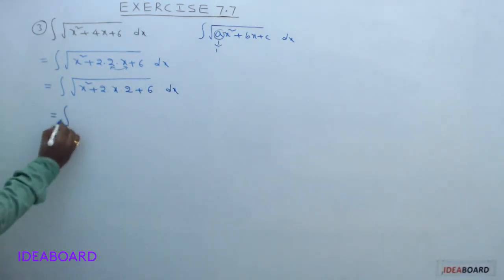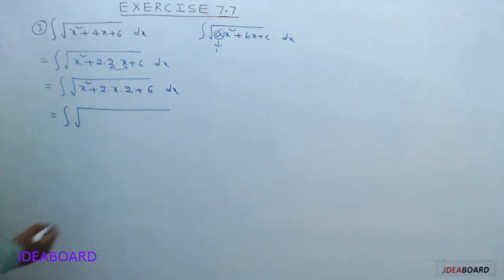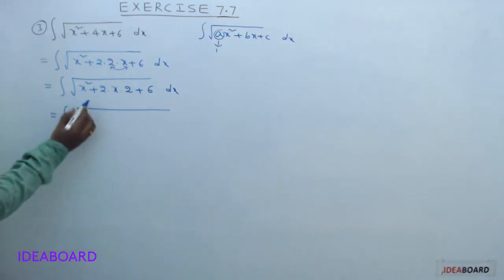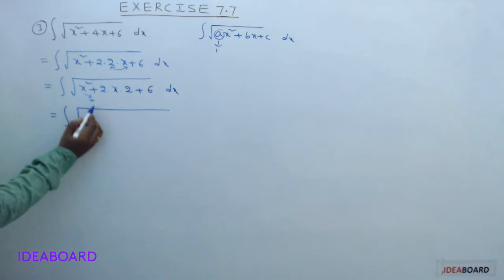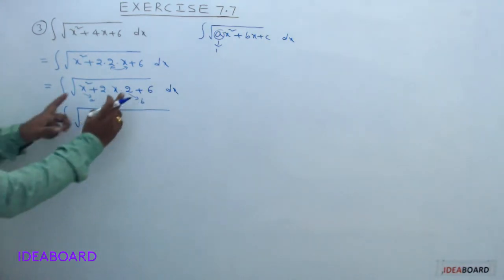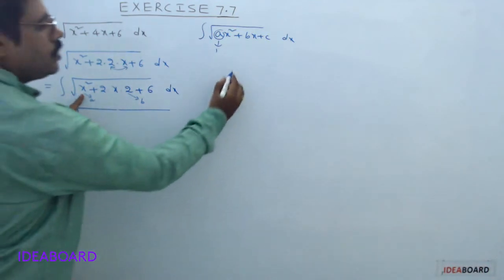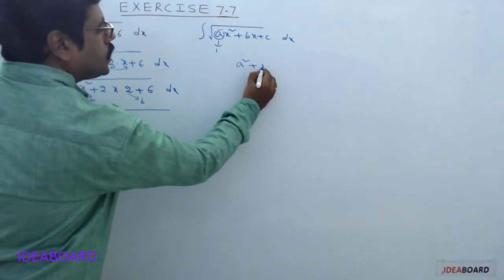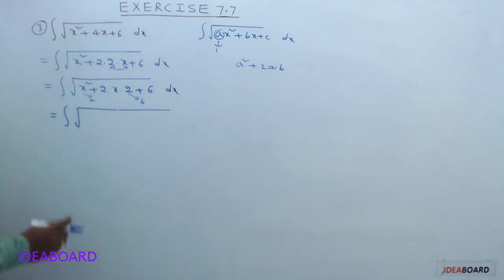Now this is integral square root of, if you consider this x as a and this constant 2 as b, this expression is of the form a square plus 2ab.